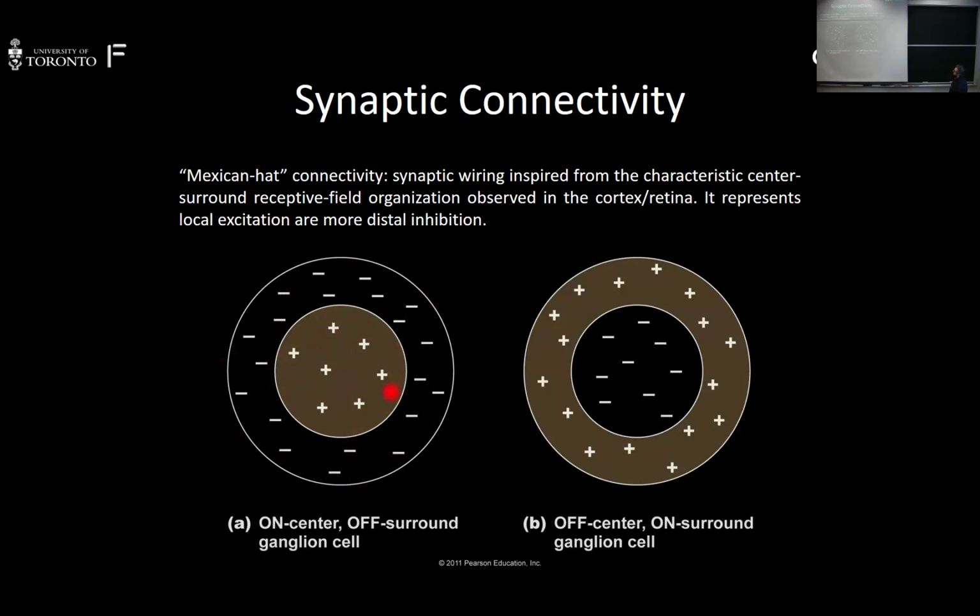And there are actually cells that have that, and also cells that have the opposite, and these are considered to have important computational functions from the point of view of the visual system. It's quite clear, I think, how to think about it intuitively.